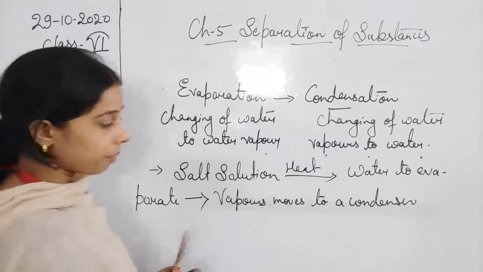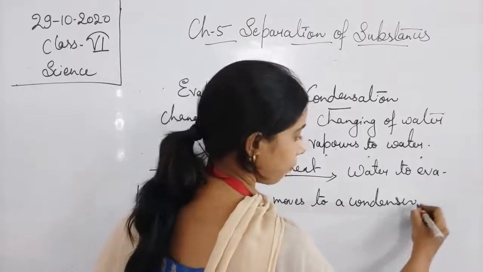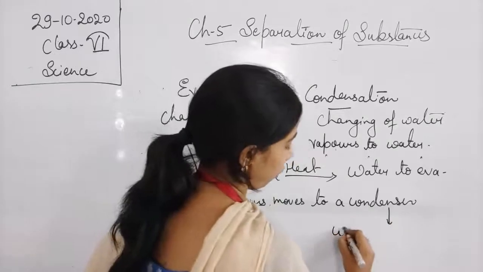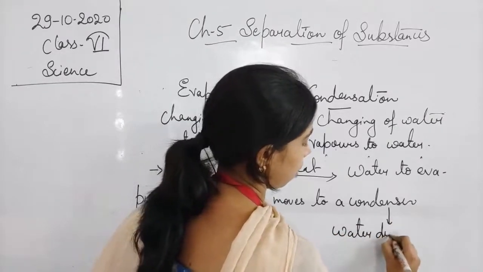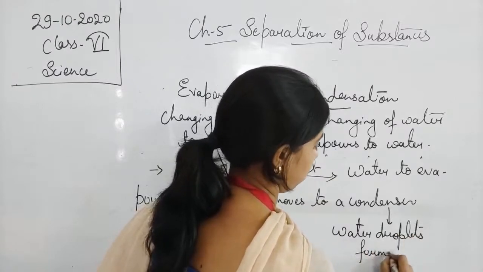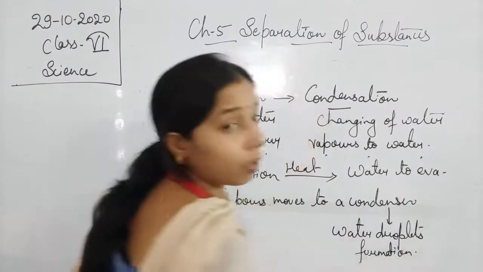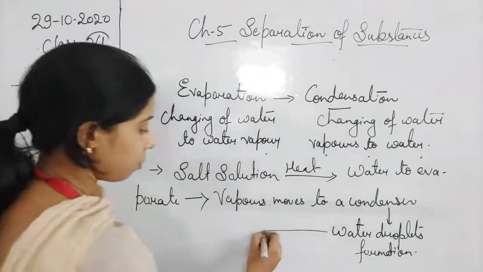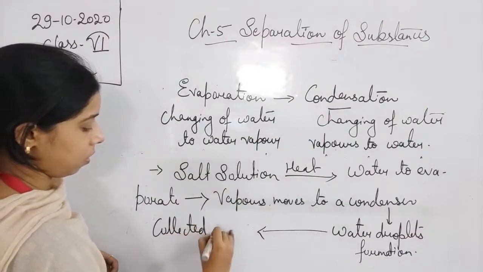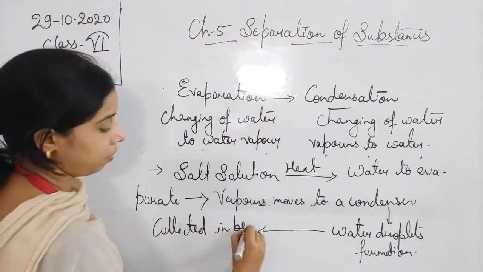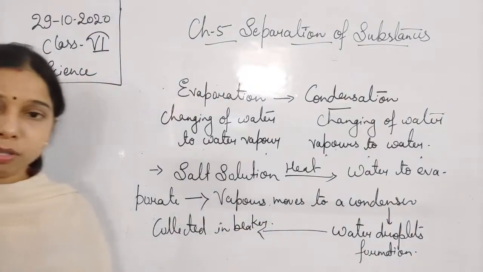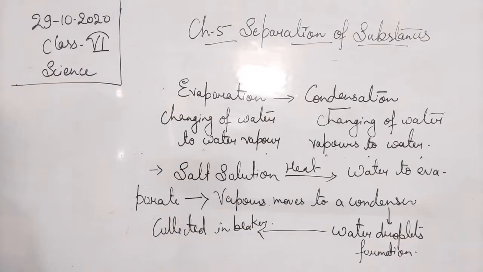Okay, so water vapor moves to the condenser, and from the condenser water droplets form, and these water droplets are collected in a beaker. So this is the whole process of distillation.